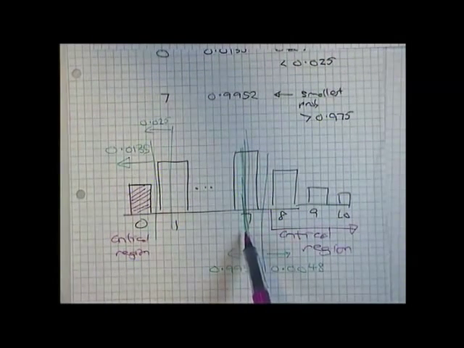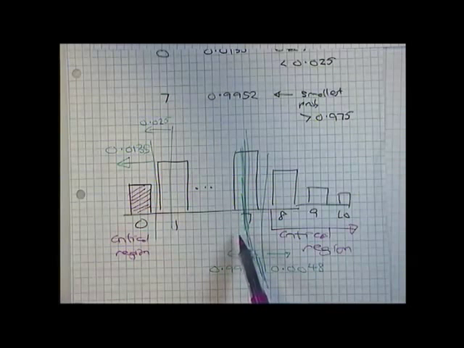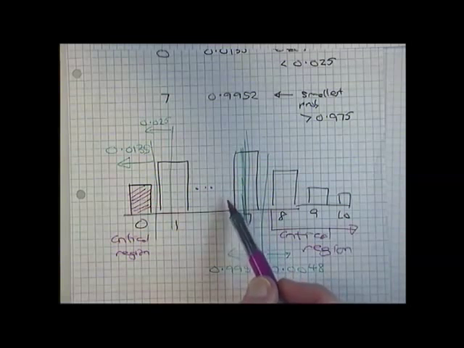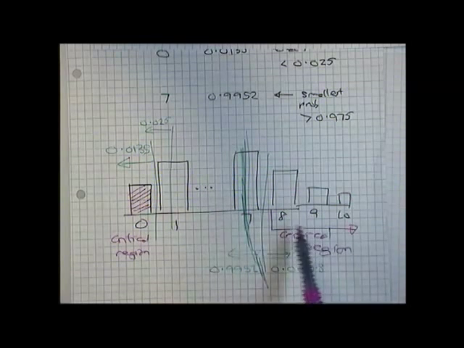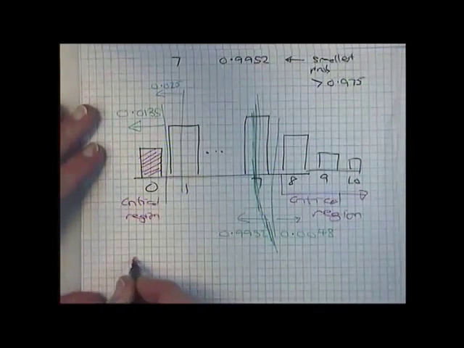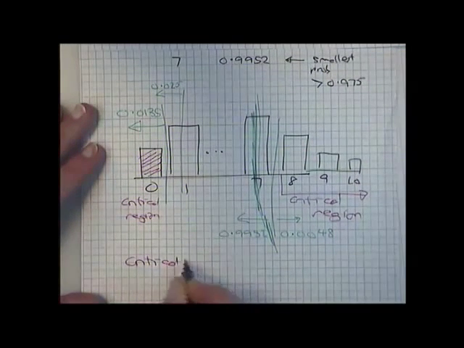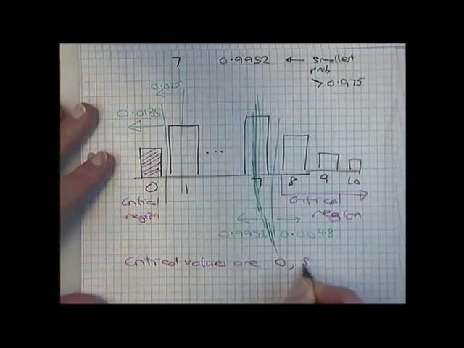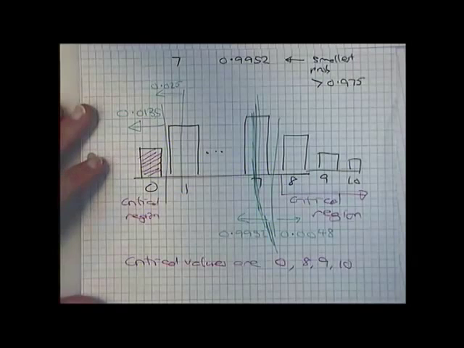You have to do the same thing here. That table gave you 7. At the big end, where the numbers are big, you have to add 1 on, so the critical region here will be after the 7, because some of that 7 is in it and some of it is not. So the critical region is 8 up at that end. So the critical values are 0, 8, 9 and 10.